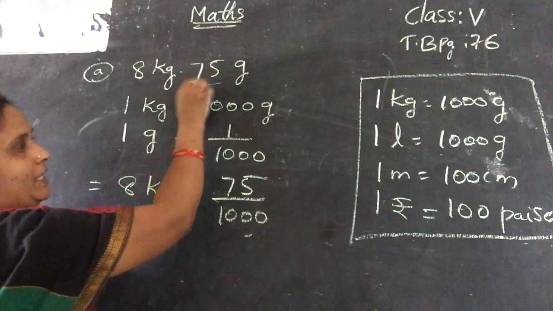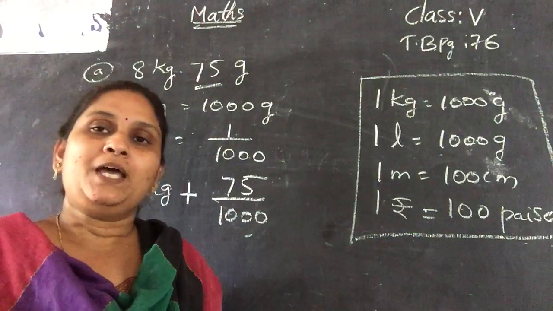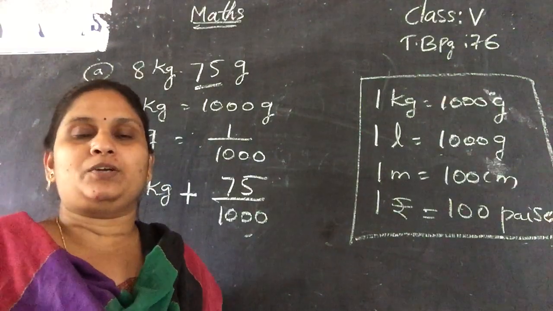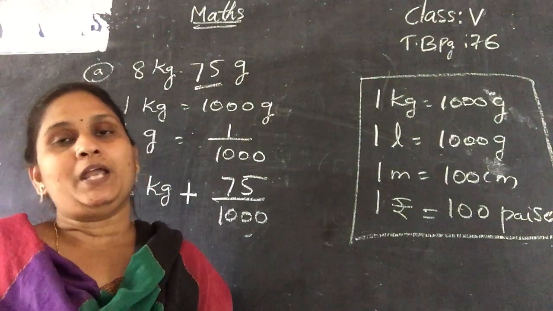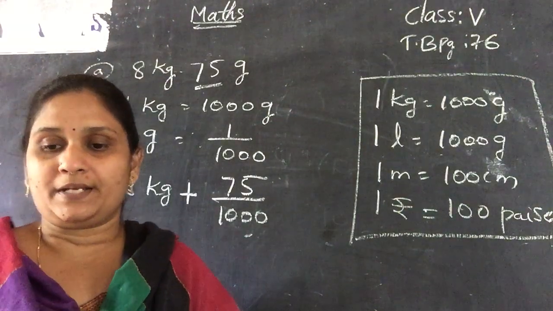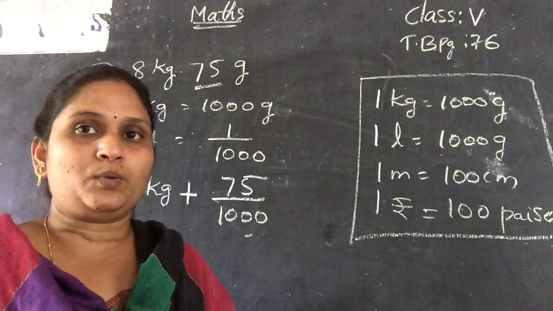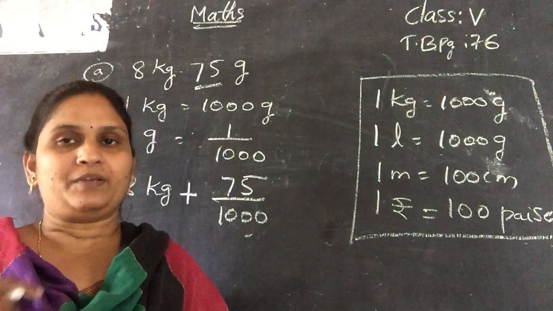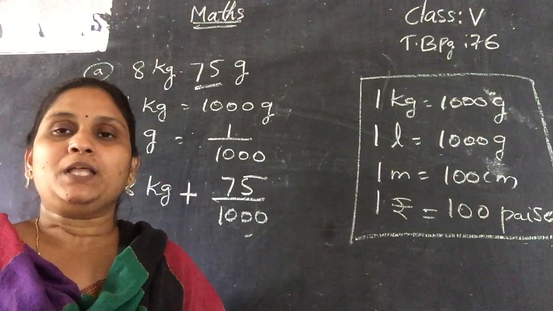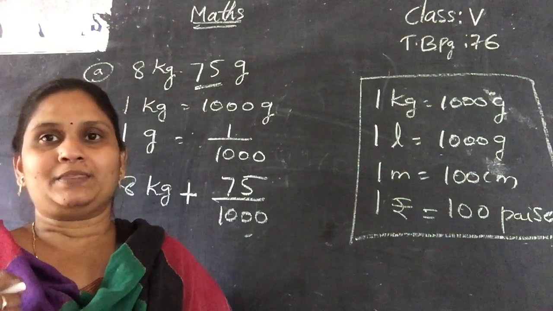Whatever number is in the grams place, that number by 1000 you have to write. If in the grams place 200 is there, or 350, or 125, whatever the number, you write it as the numerator and the denominator will be 1000.